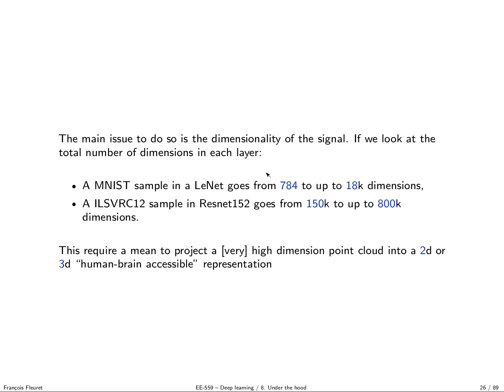And those dimensions we have to deal with are quite high, because, for instance, an MNIST sample of 28 by 28, one channel, is 784 dimensions. And then if we just go through a standard LeNet, it goes up to 18,000 dimensions. If we consider a standard ImageNet 224 three-channel sample, it's 150K dimensions, and it goes up to 800,000 dimensions in ResNet 152.